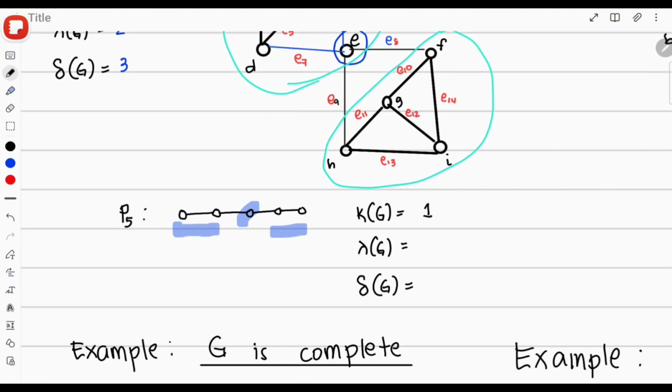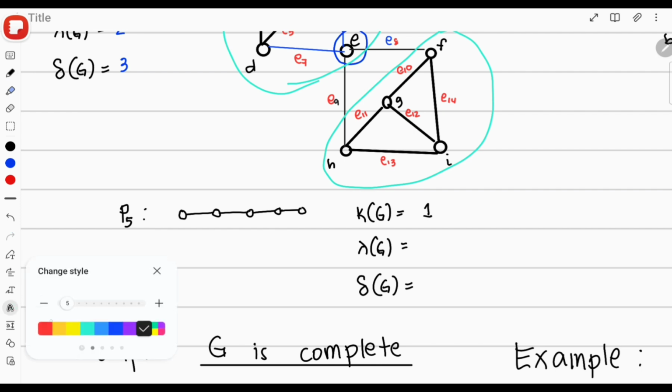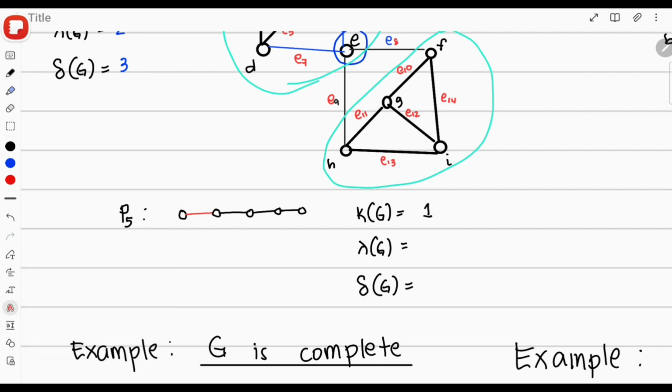And what is the minimum number of edges to remove to disconnect the graph? We can remove this one, just 1, and we have the trivial graph and the other connected graph. So that's the minimum, which is just 1.